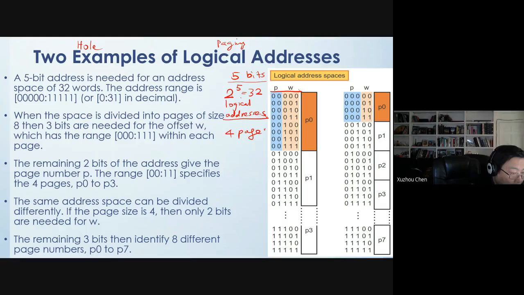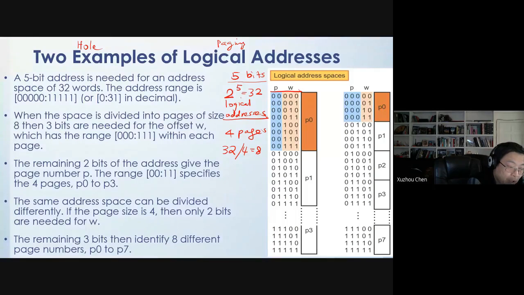Suppose we divide the total of 32 logical addresses into 4 pages. What's the size of each page? We have a total of 32 logical addresses, to be divided into 4 pages. 32 divided by 4 is 8.